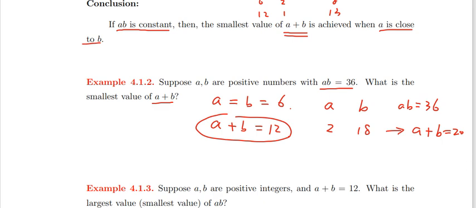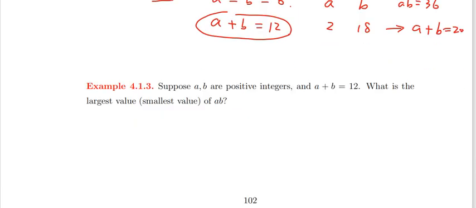Now let's consider this problem. If a plus b equals 12, what is the largest or smallest value for ab? We can check: a, b could be 1, 11, or 2, 10, or 3, 9.